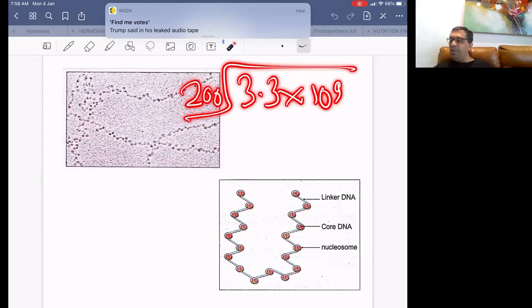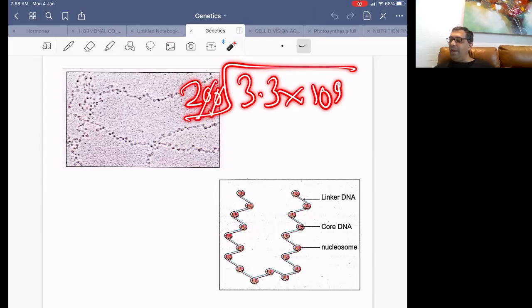That means if two zeros are gone, this will become 10 raised to 7, and 3.3 divided by 2 will become around 1 point something. Do the maths. How much will that be?